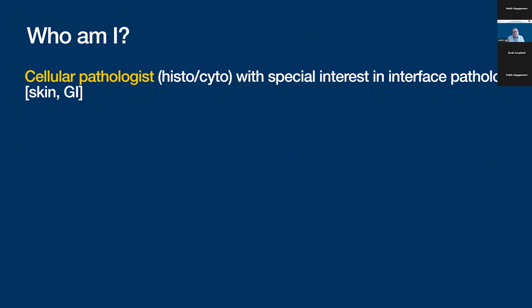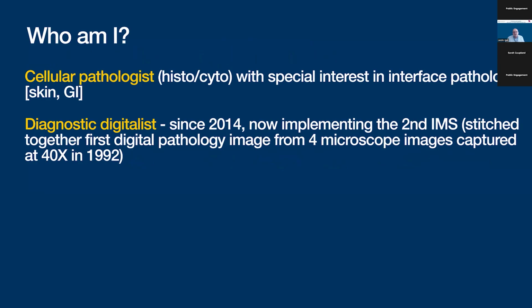Sarah mentioned briefly, who am I? I'm a cellular pathologist and interface pathologist, skin and GI. And I like to think of myself as the diagnostic digitalist. I've been doing digital pathology truly since 2014 in the UK. We are now in the second digital pathology system at Norfolk and Norwich Hospital. We replaced Philips IMS with Sectra. That's where we are. My past goes significantly further back.